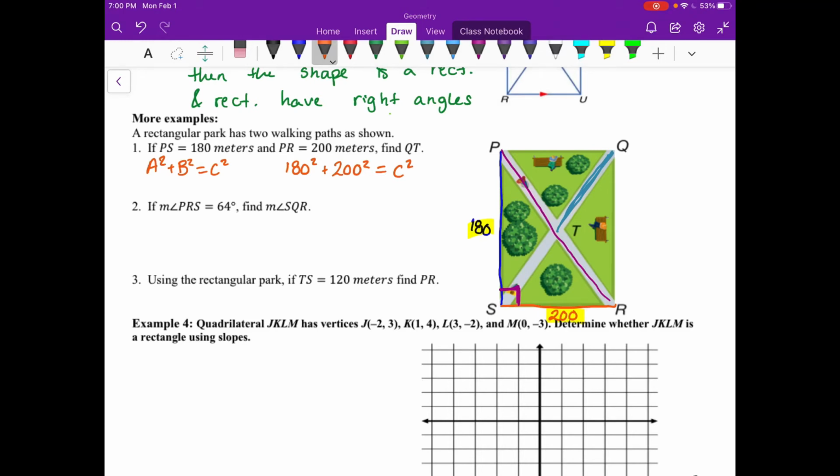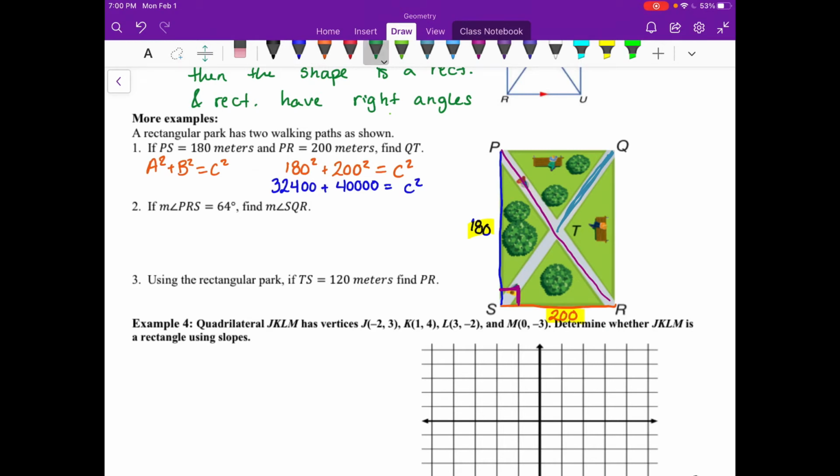So let me quickly do those calculations. 180 squared is 32,400. We're going to add that to 200 squared, which is 40,000. And we're going to find c squared that way. So let me add those together.